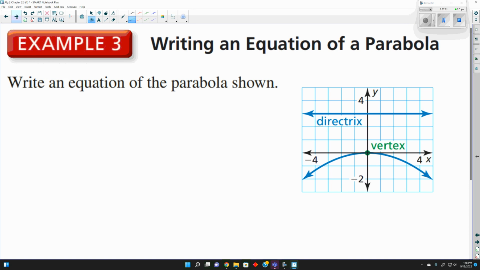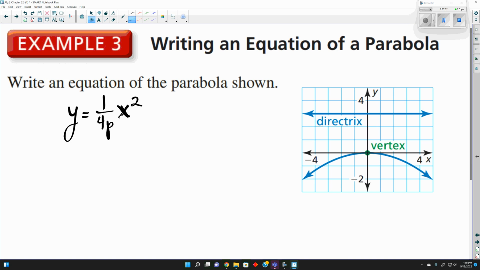Now, specifically, one of the key features is that it's opening down, yes? If the parabola opens up or down, it's going to be y equals. So because they gave us the graph, it's telling us y is equal to 1/4p times x squared. And we have this specific equation because the vertex is 0, 0, and it's opening down. It's going to be x equals if it opens to the left or to the right.